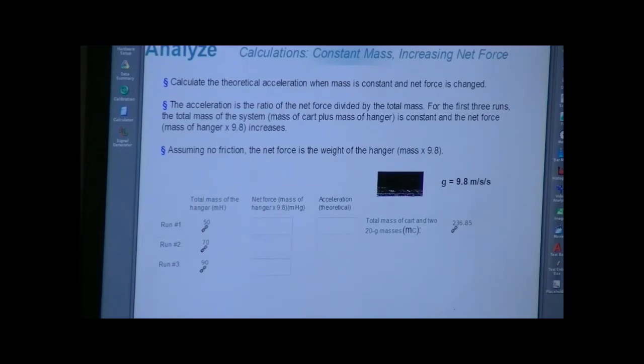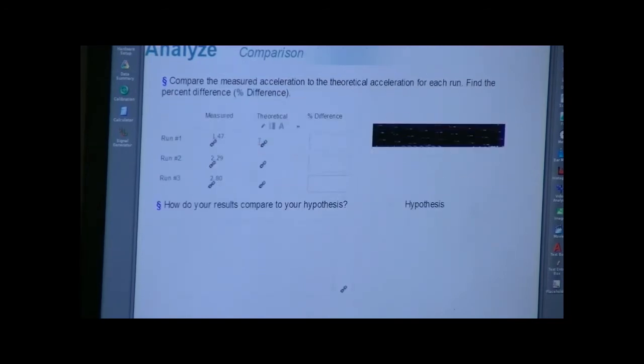And then from that, you can calculate our acceleration and compare the two, our theoretical and our measured acceleration, using the equations you learned before during the lecture part.